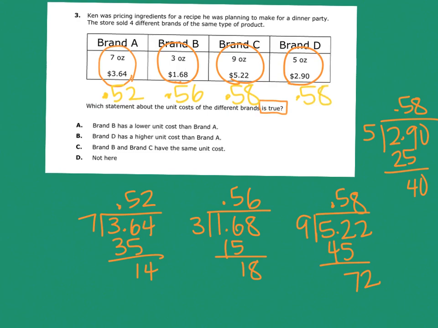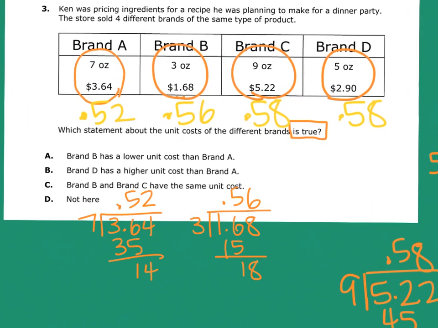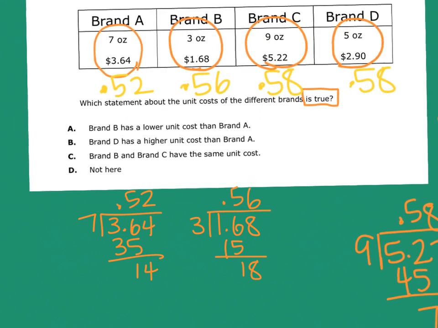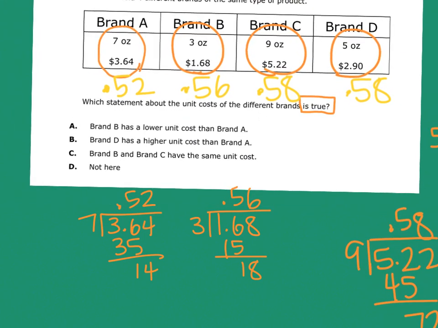So when I check these answer choices, it says B is lower than A. Well, B is 56 and A is 52. So that's not true. D is higher than A. D is 58 and A is 52.